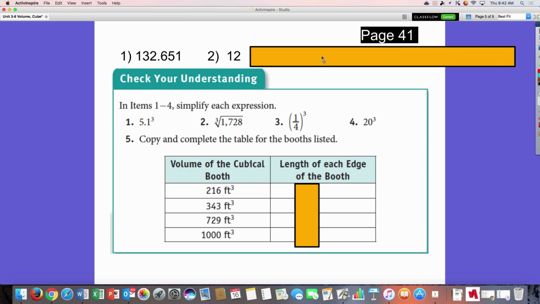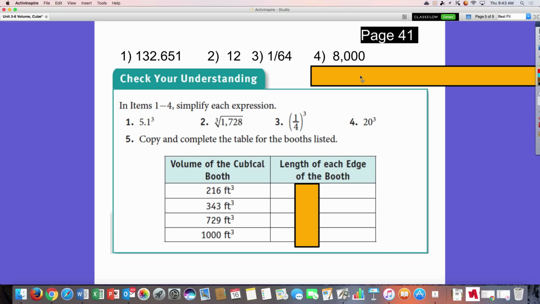So 12 times 12 times 12 equals 1,728. Little fraction multiplication, right? 1 over 64, that's 1/4 times 1/4 times 1/4. And 20 cubed, or 20 to the third power, 8,000.